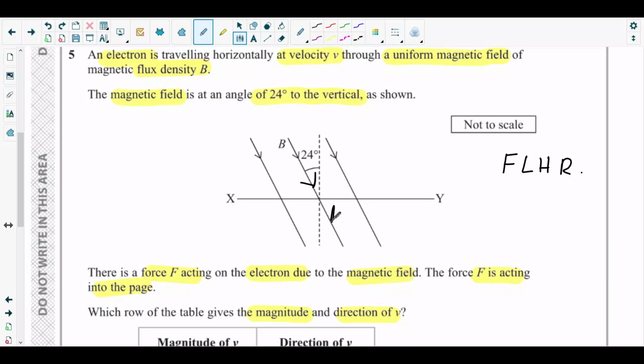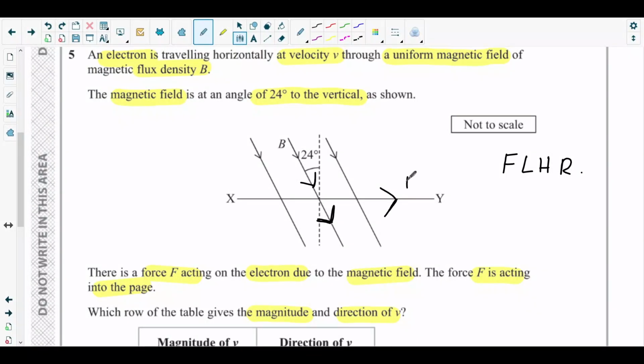Direct your index finger this way and then open your middle finger. If you do so, you will see the middle finger is directing the current this way.